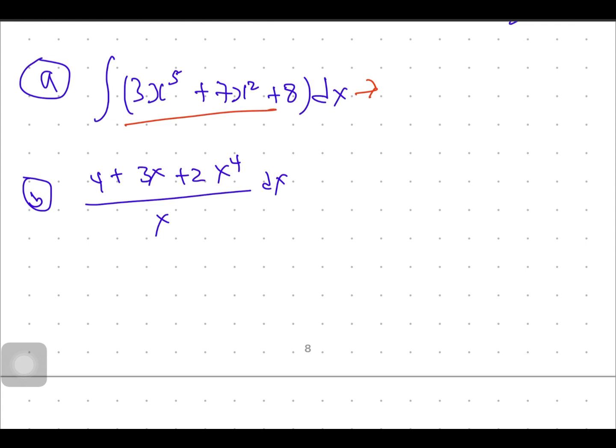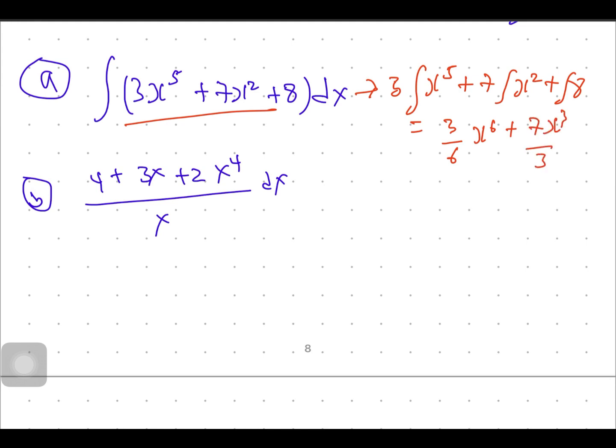For this one, just do them individually. You bring the constants outside, so it's 3 times the integral of x power 5 plus 7 times the integral of x squared plus the integral of 8, of which we are going to get 3 over 6 x power 6 plus 7x power 3 over 3 plus 8x plus c.